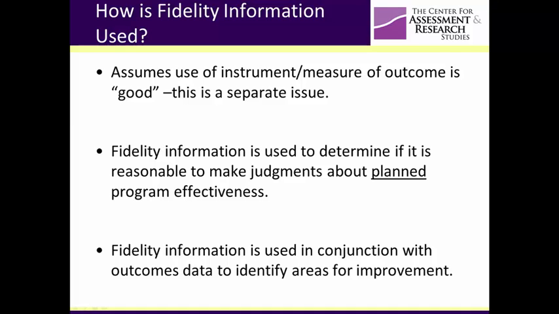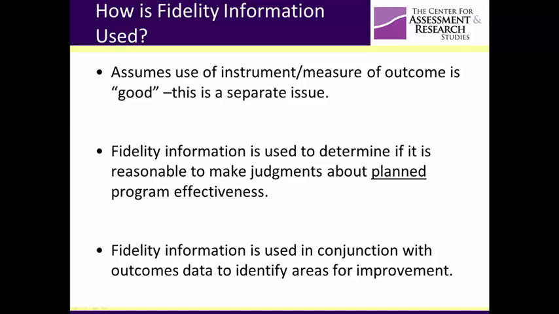Second, and what I've already implied, is that we can use this information to make judgments about the planned program, right? This is a program that's been developed according to theory, or according to something, right? We have a reason for doing the things we do. So we're interested in making decisions about the program on paper, since this was previously developed with the intention of giving students an opportunity to learn.